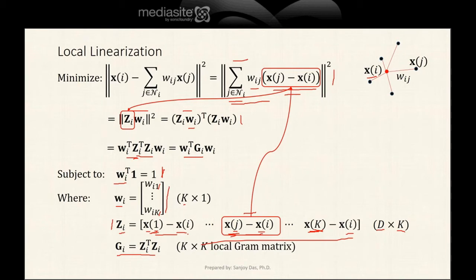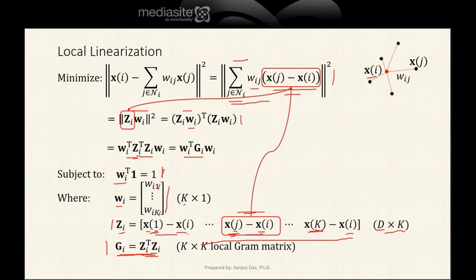Now, this Gi is a k by k matrix because Zi is d by k, so Zi transpose is k by d and Zi is d by k. So this gives a k by k matrix, and each element of Gi is of the form (xj minus xi) transpose (xk minus xi), in row j and column k.